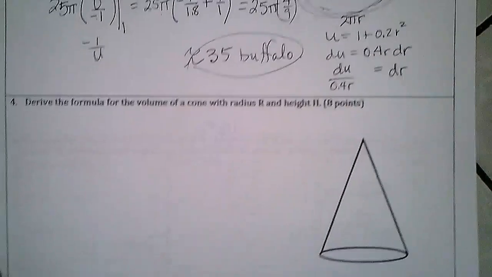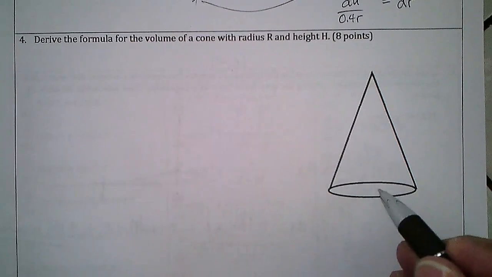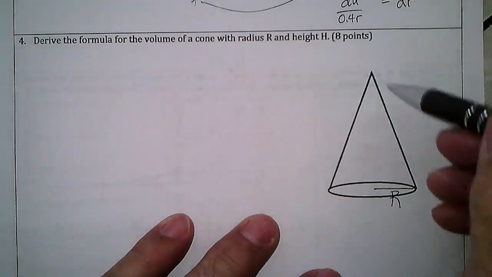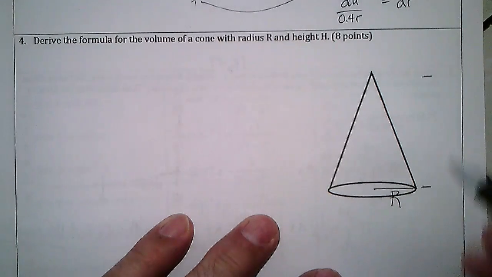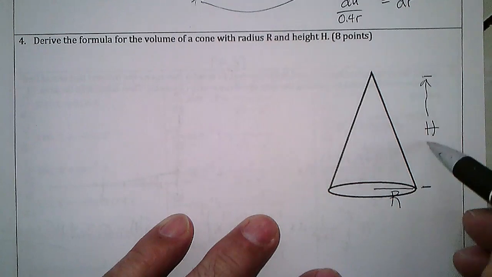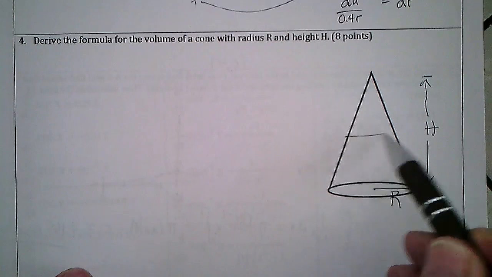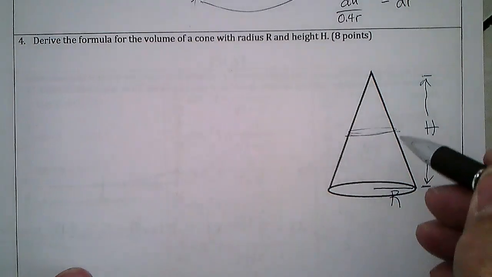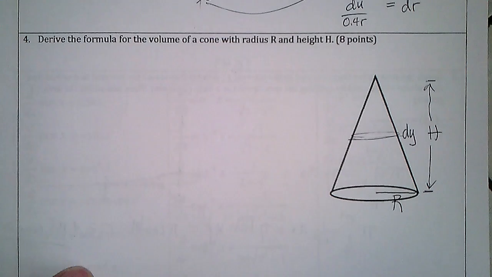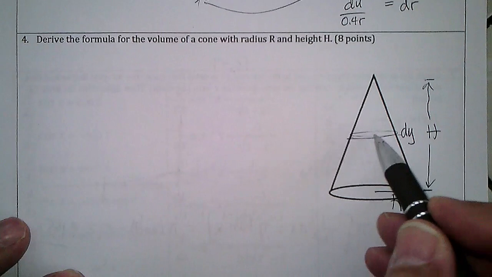Number 4, derive the formula for the volume of a cone with a radius r and the height h. So, it makes sense to slice it this way. So if I make this direction y, this would be dy. And the area of that, this would be in the x direction.